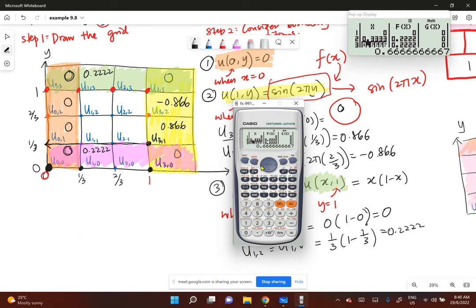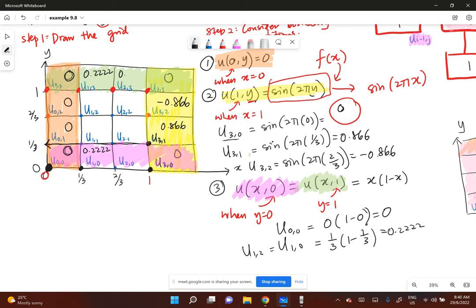When x is 2 over 3, the value of u is 0.2222 as well, because U20 is equal to U23. So equal to 0.2222.